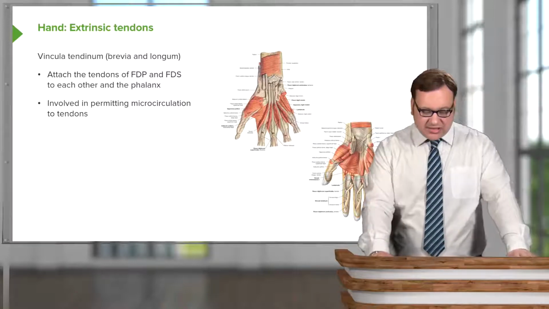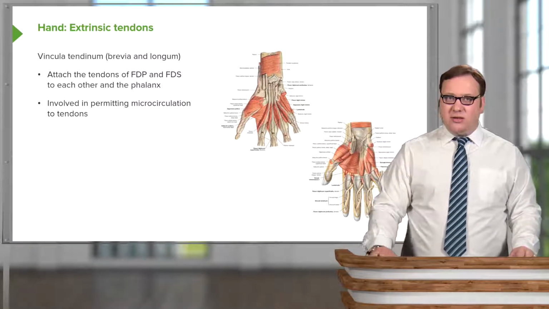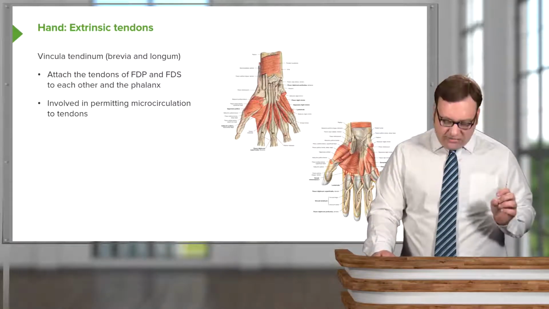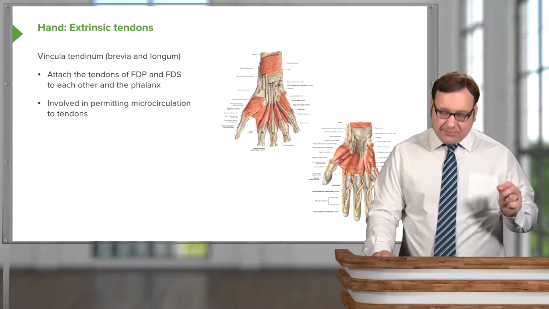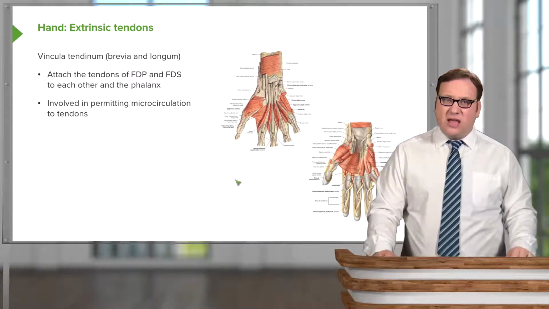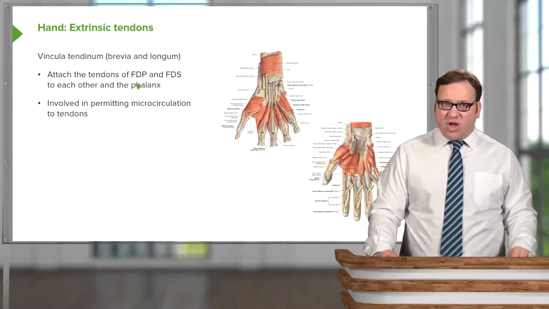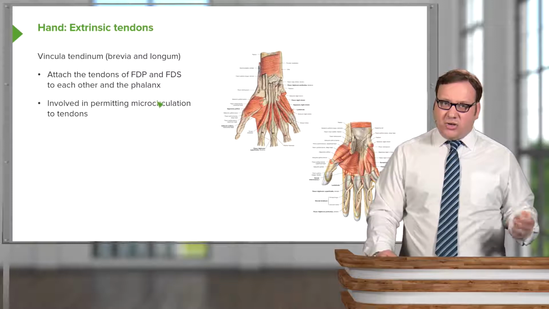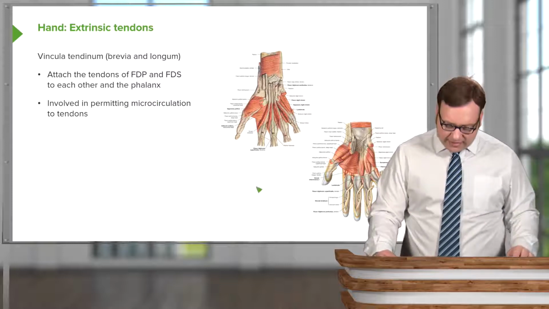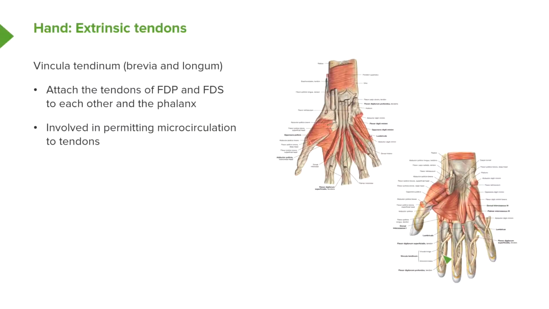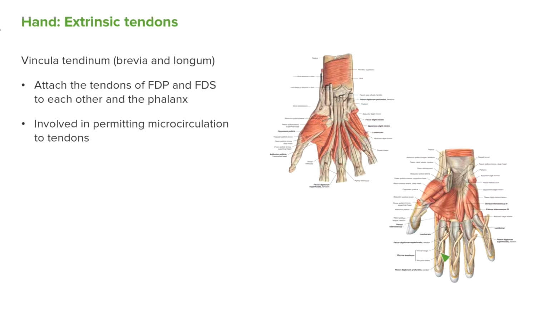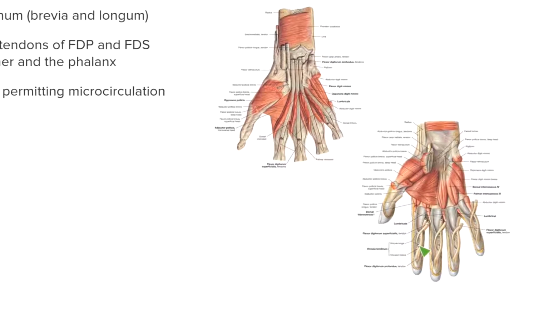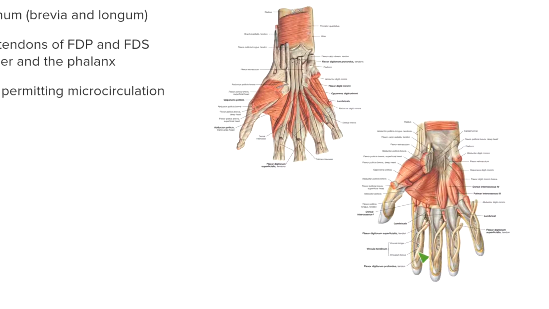We also have some vincula tendinum. We have 2 of these, and these are very small little slips of tissue. They actually attach the tendons of FDP and FDS to each other and also to the phalanx. We can see these small little tendinous slips passing down here. And here we have a longum and a brevis: a long one and a short one.